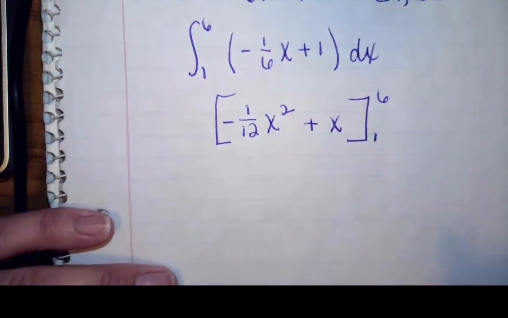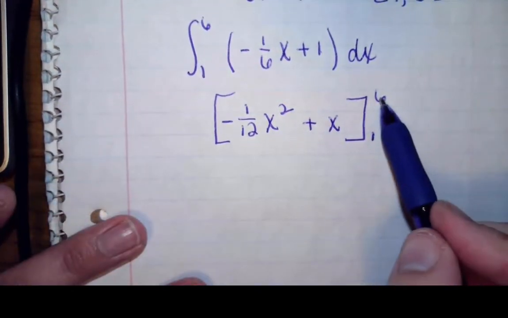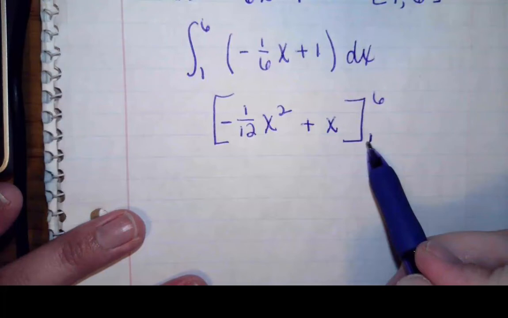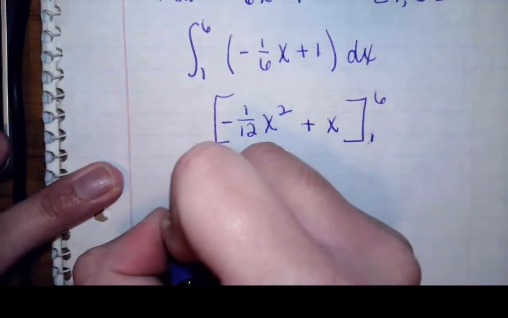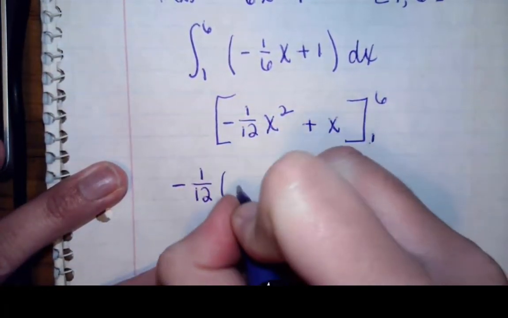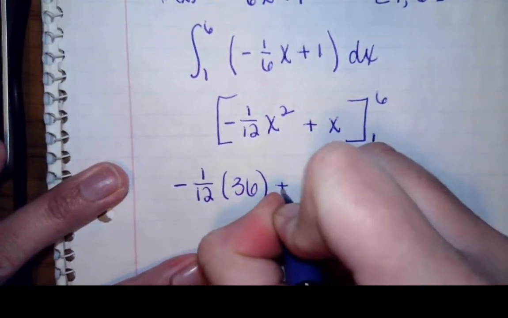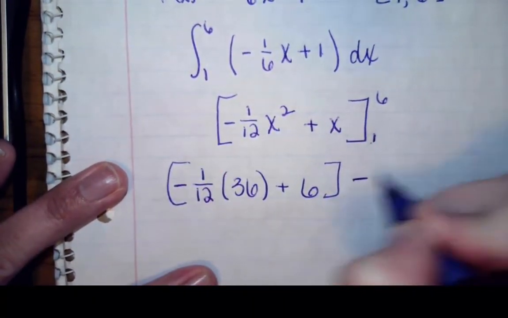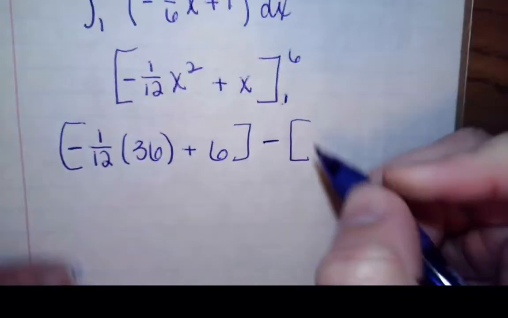So I'm going to evaluate from 1 to 6. So evaluate top number first minus evaluate bottom number. So top number is a 6. So I get negative 1/12 times 6 squared, which is 36, plus 6, minus, and now we're going to go with a 1.